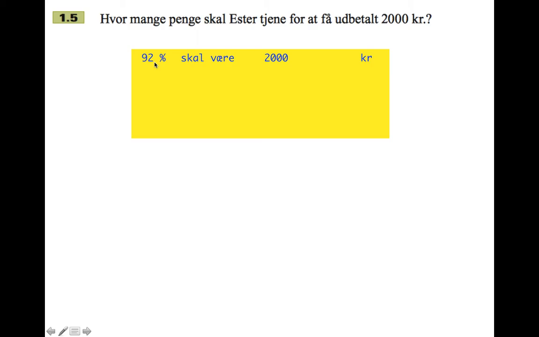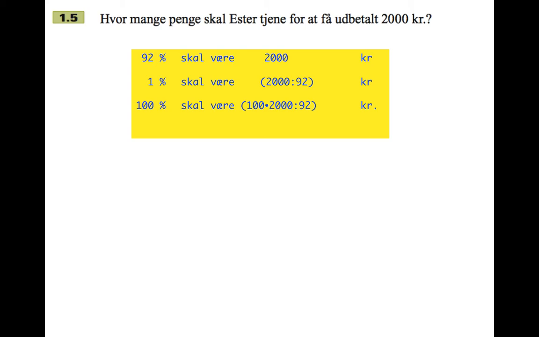So whatever she earned in the first place, the bigger amount, that's the 100%. Then they take off 8% of that, and you're left with 92%. So she's left with 92%, which she wants to be 2,000 kroner. And then you can work out, if 92% is 2,000 kroner, what 1% is by dividing by 92. Then you can work out what the 100% is by multiplying that by 100.